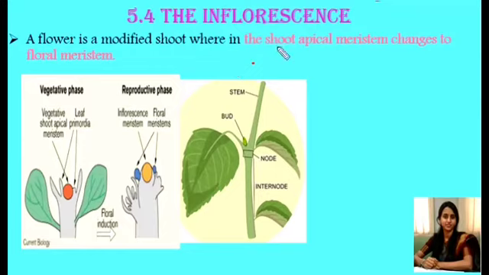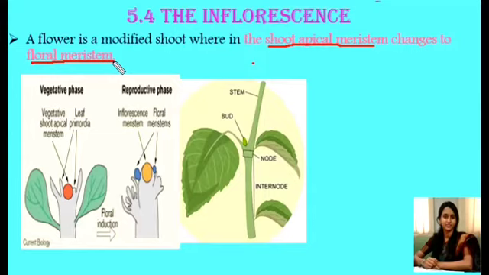At the season where flowering takes place, the plant gets ready by changing its physiology: the shoot apical meristem changes into floral meristem. So the meristem is now capable of producing flowers.